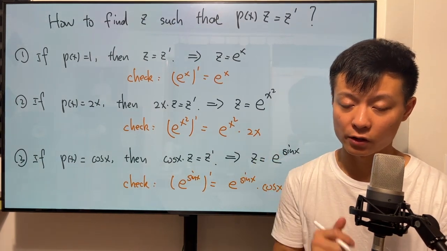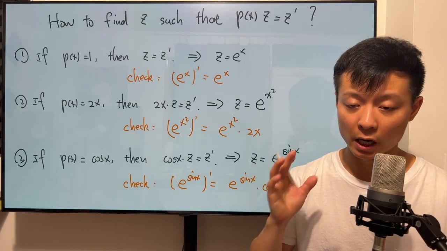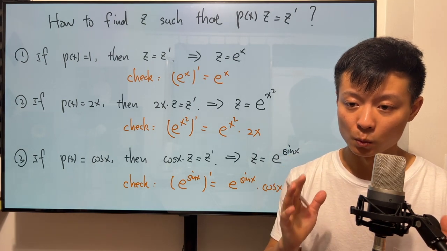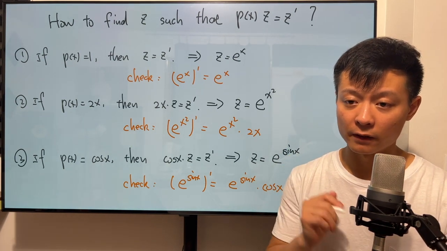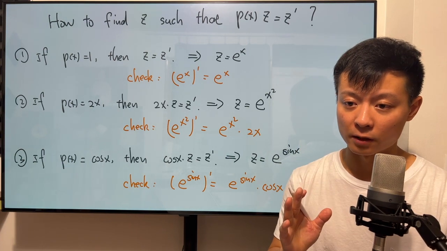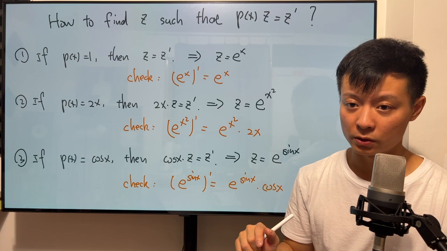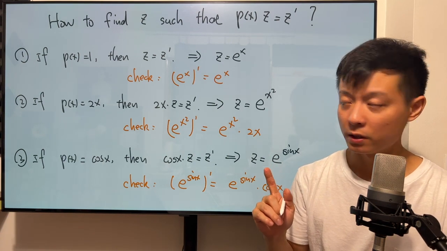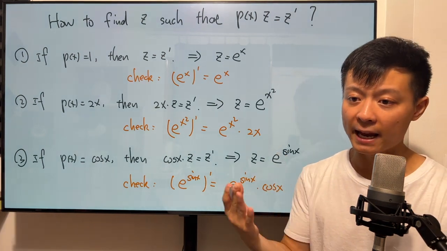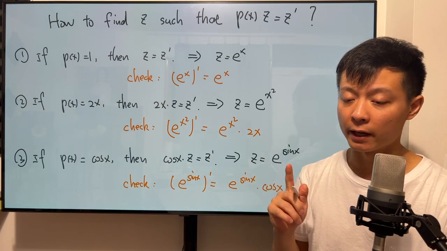After we check these 3 simple situations, we have gotten a clue, which is that the z function will always look the same as e raised to some sort of power. And that kind of power is always going to be the antiderivative of p of x.